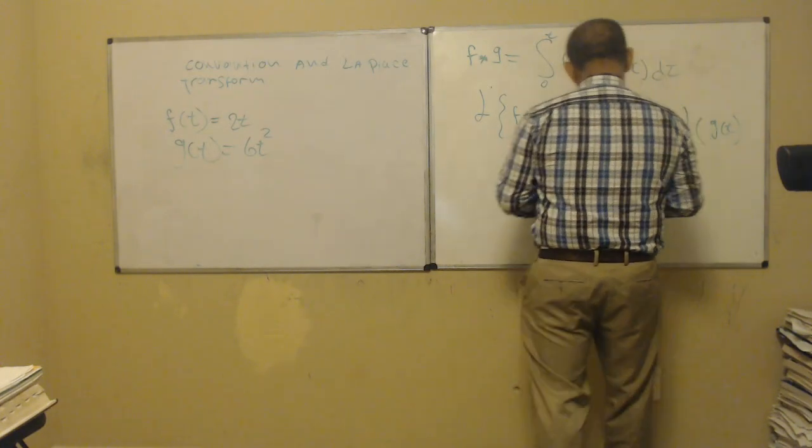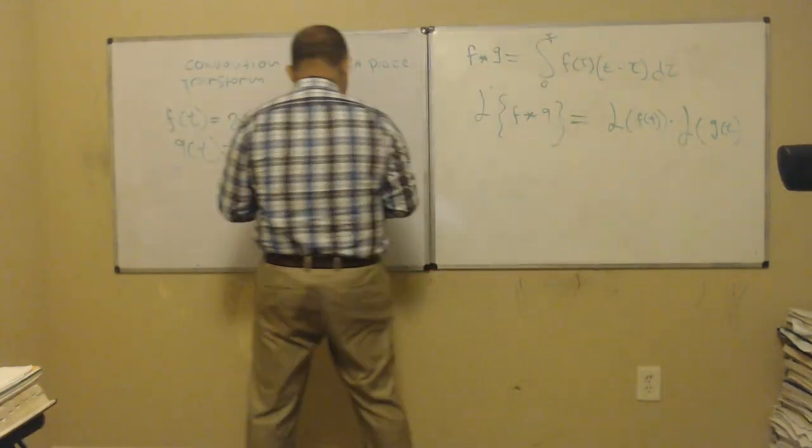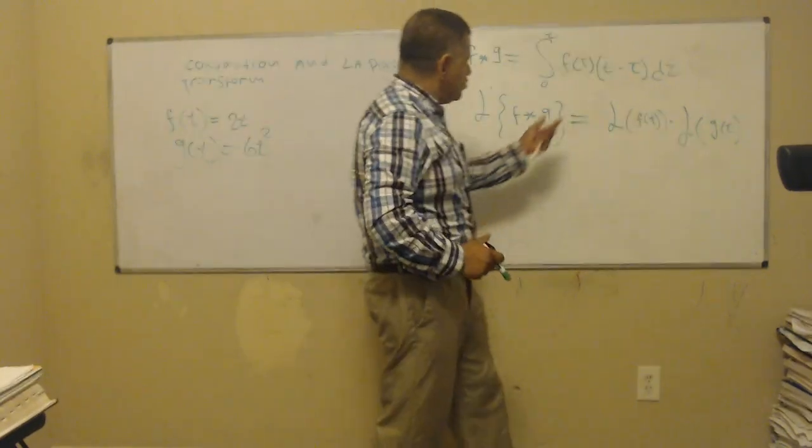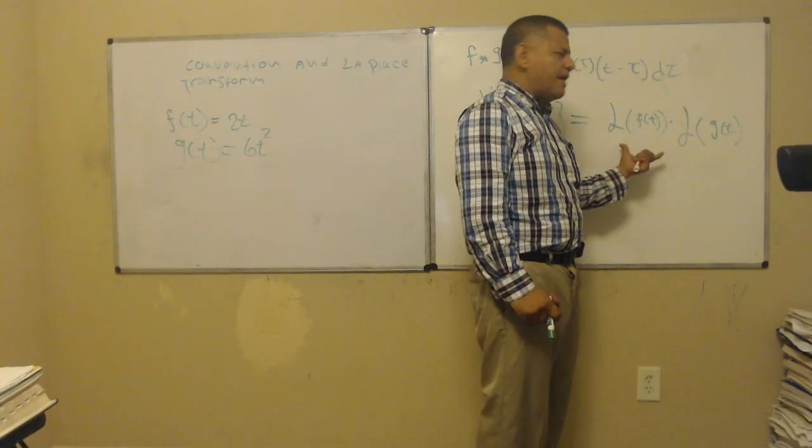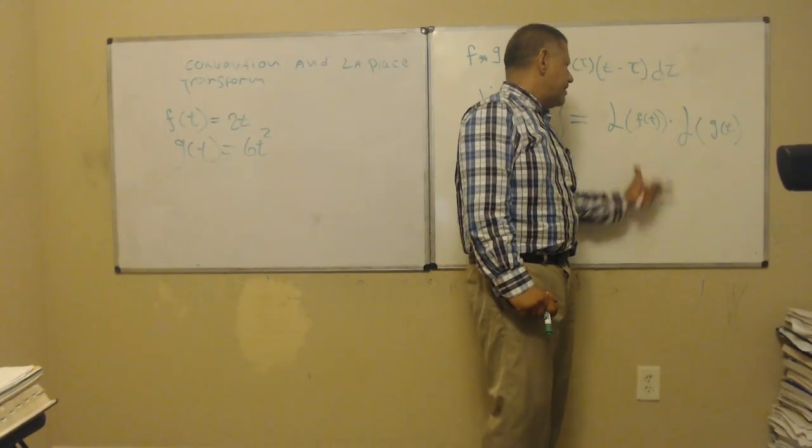So in other words, the convolution of the two functions is the product of the two Laplace transforms, right?